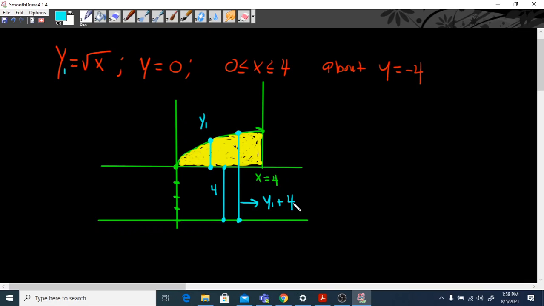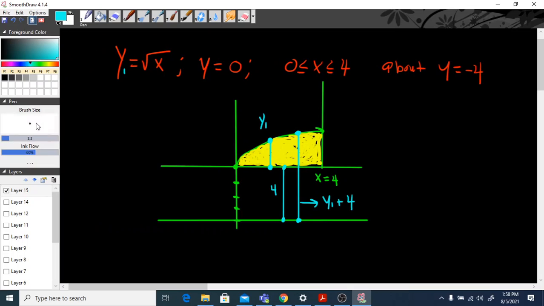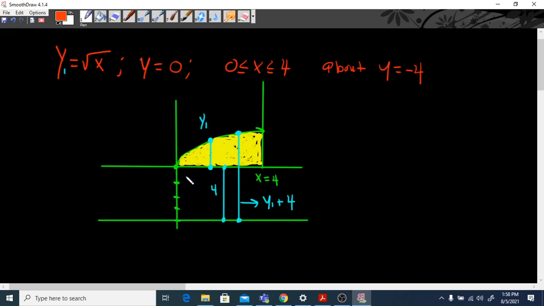Now, the thing that we want to understand is we do not want this area included. This is not what we want. Keep that in mind.